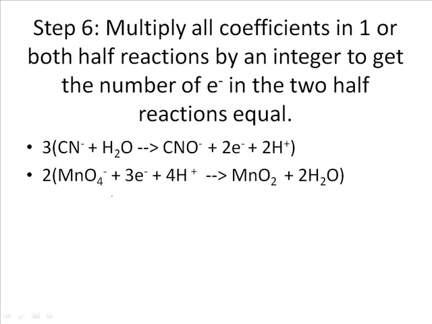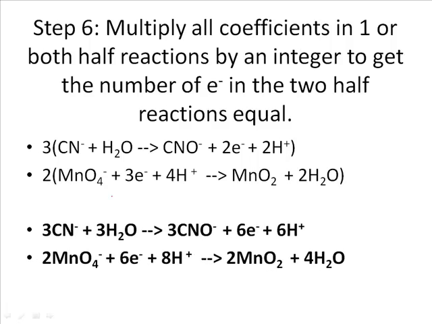Multiply again to make sure that the charges balance out, the number of electrons balance out. So the first oxidation half reaction, I'm going to multiply by 3. Second, the reduction half reaction, I'll multiply by 2. And I get that is my answer. Alright, notice how the number of electrons will cancel out.